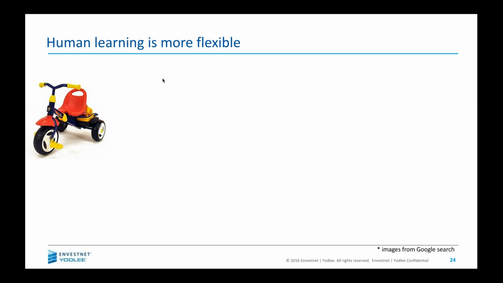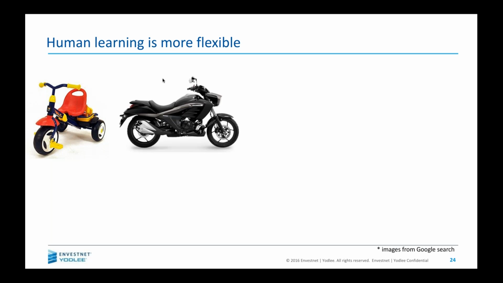So here what I'm showing you is how we as humans learn that the number of different kinds of vehicles that are possible can change as we are exposed to different vehicles. So as a kid growing up, you would just look at this and say, okay, this is the one and only vehicle that you would have.